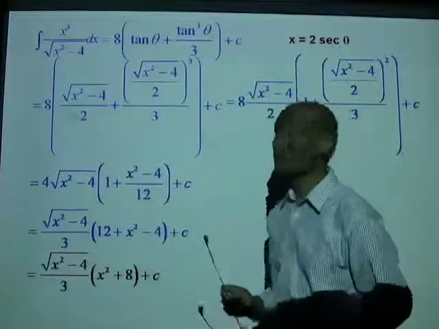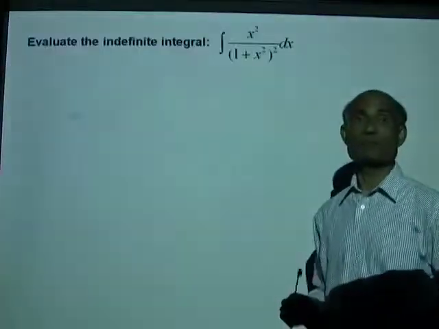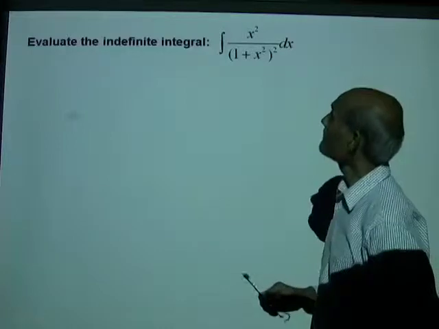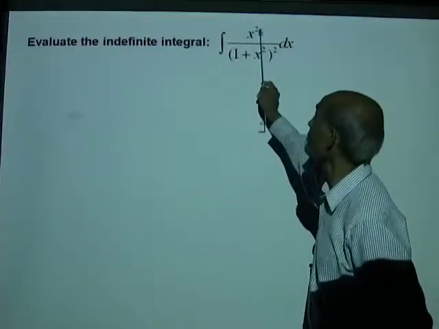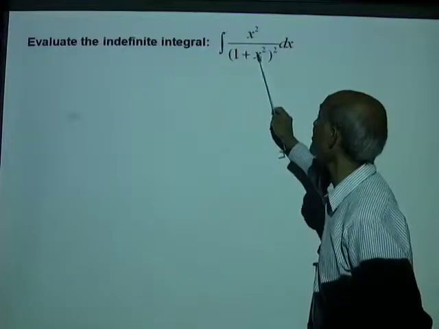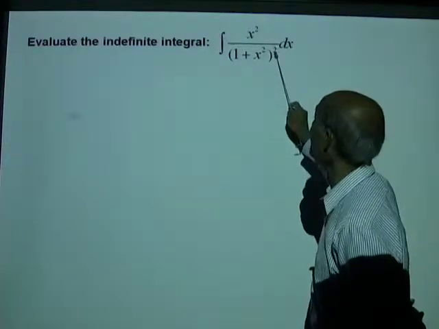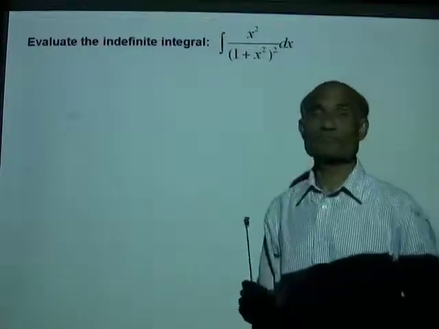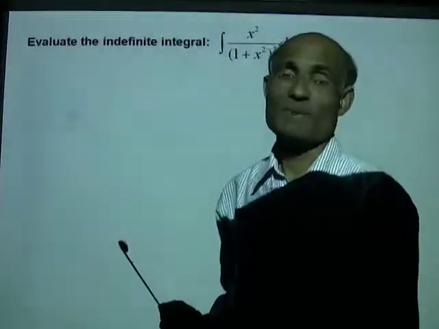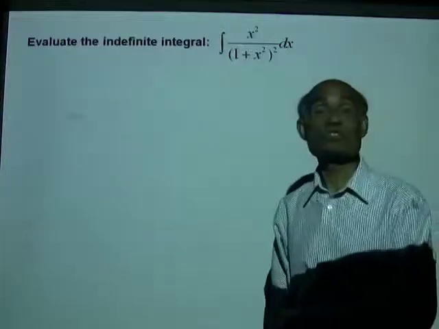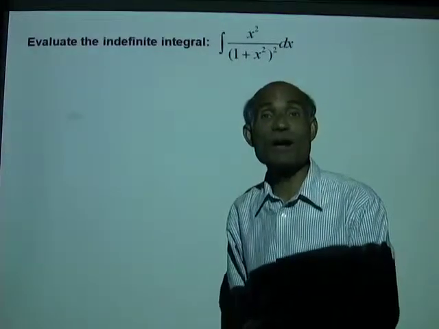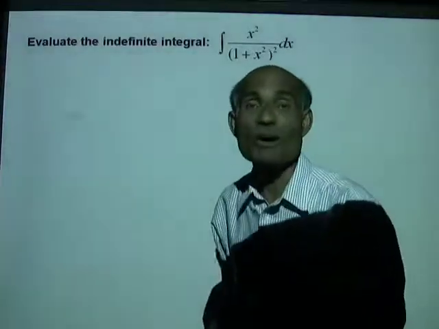Alright, practice this one more time at your own time. Another one. Evaluate the indefinite integral of x squared over 1 plus x squared, all squared, dx. Well, what form is this? This is of the form a squared plus u squared.